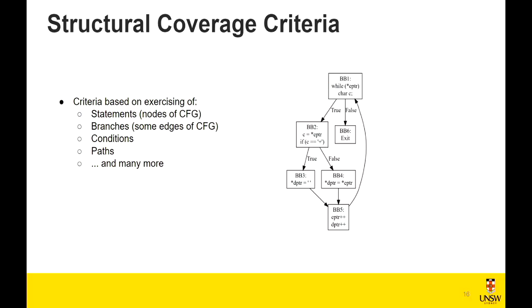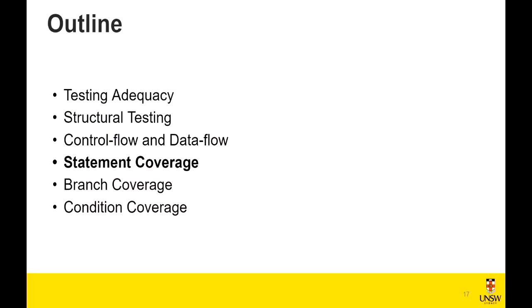We could have branch coverage, where we care about some edges of the control flow graph. We could also have condition coverage, path coverage, and many more coverage criteria. So as you can see, we care about the basic statements, and we also care about branch coverage.